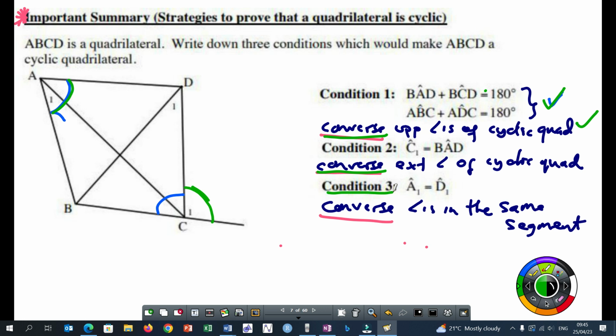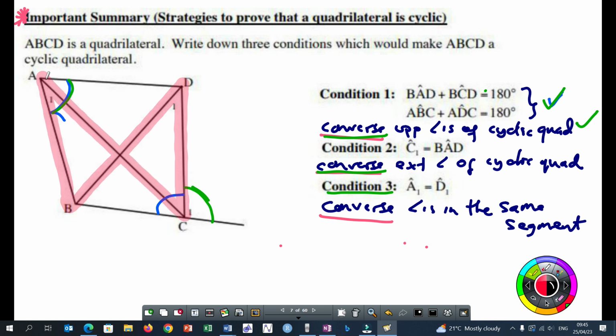Then, condition 4, you can use the converse of theorem 4. So if you can prove that there is a butterfly, like in this case here, okay, so we have got a butterfly there.